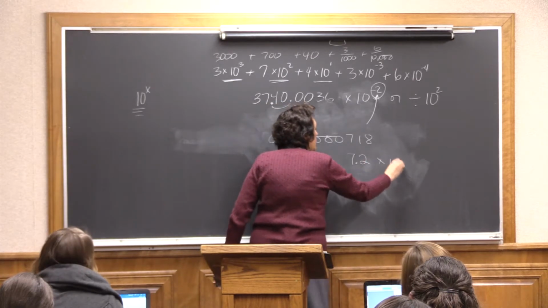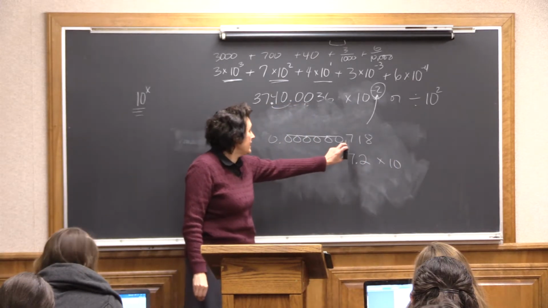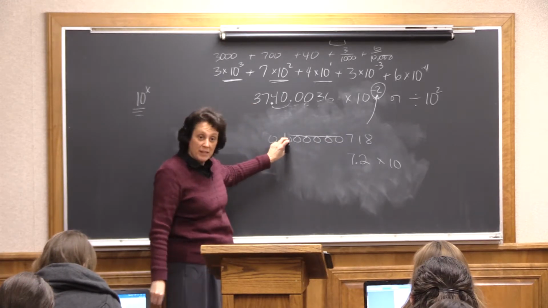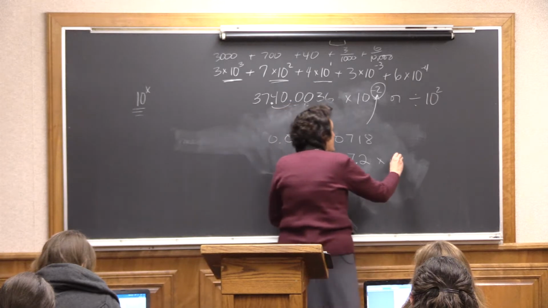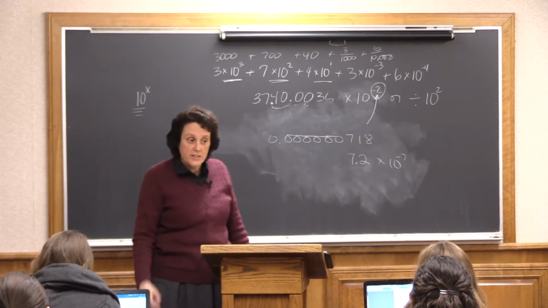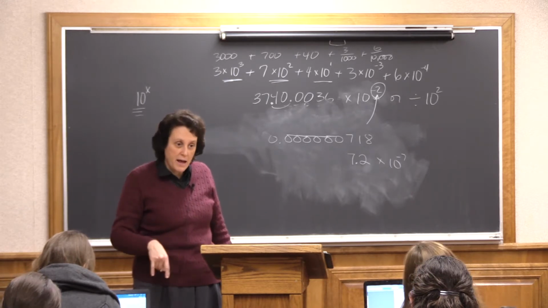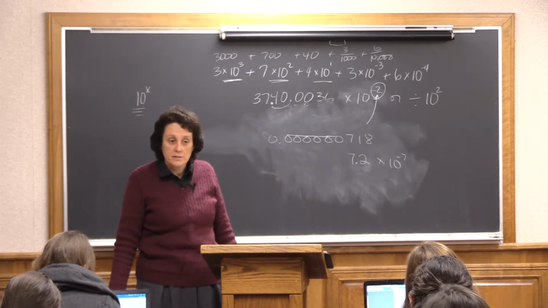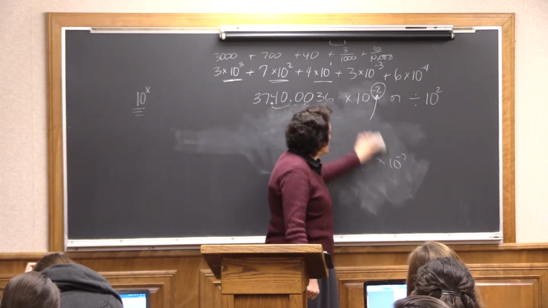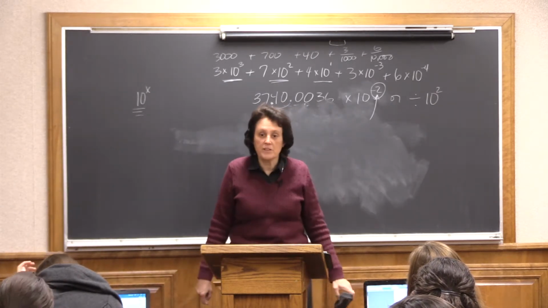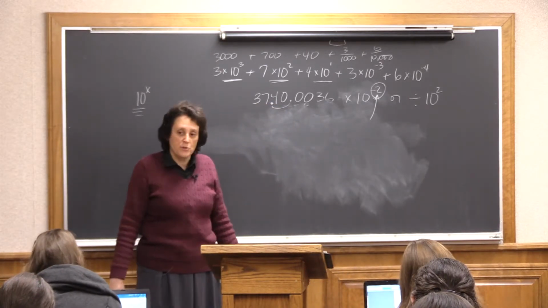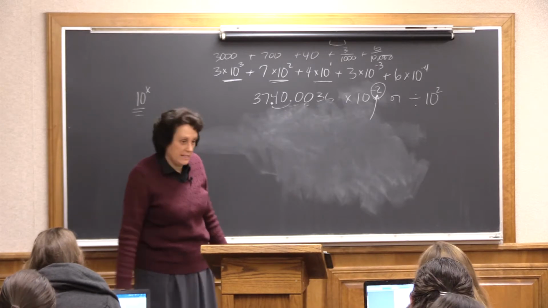Where is the decimal really? The decimal is really 1, 2, 3, 4, 5, 6, 7 places to the left, so I use a negative 7. Do you get the idea of the left and right versus the negative and the positive exponents? So typical procedure in scientific notation is to actually round it there, because that number is so small that 8 doesn't have a whole lot of meaning.